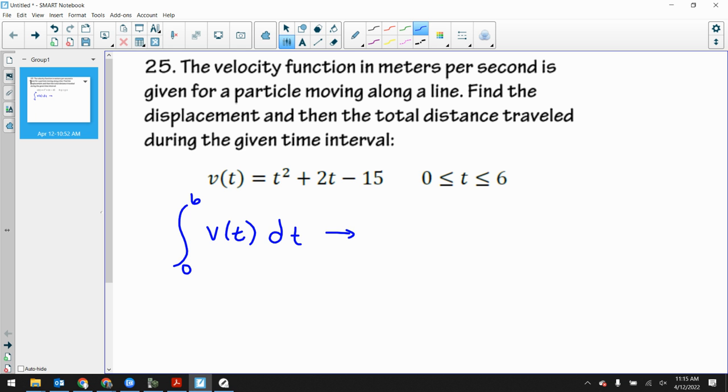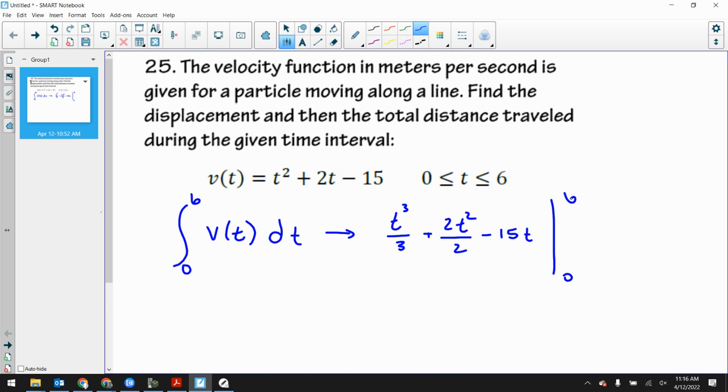Which is going to give me this. Let's find the antiderivative. We've got t to the third over 3 plus 2t squared over 2 minus 15t from 0 to 6. That's going to give me total displacement.